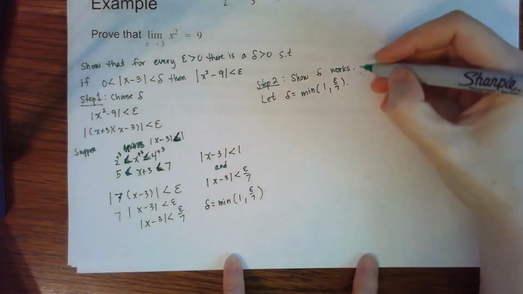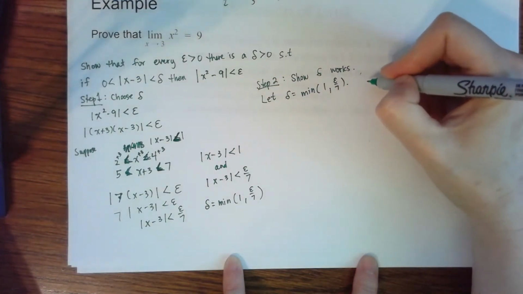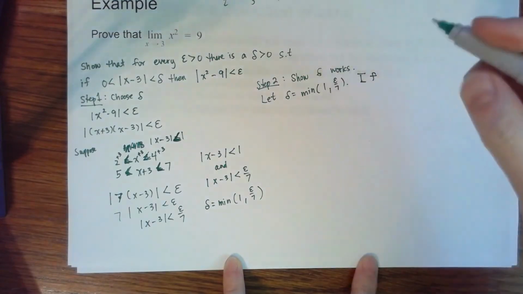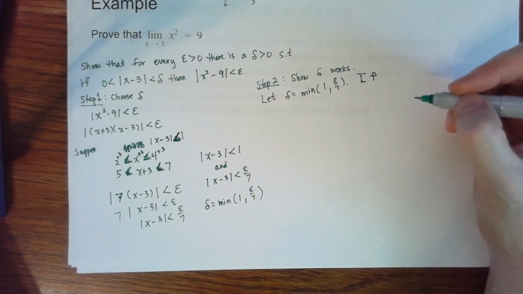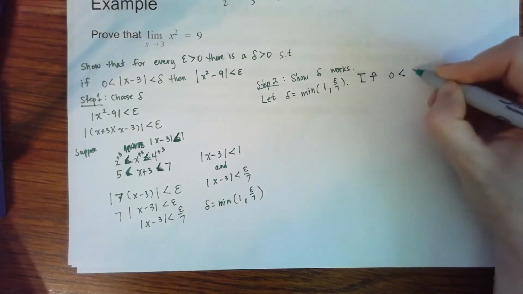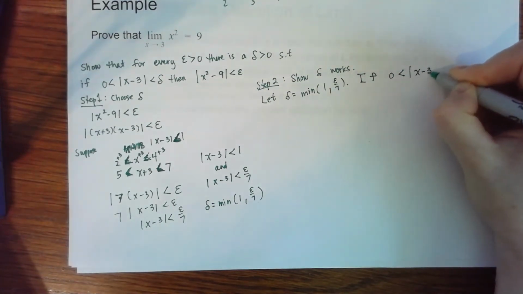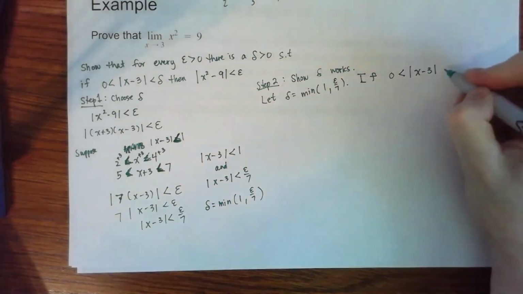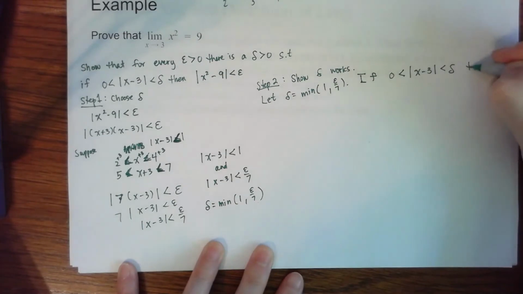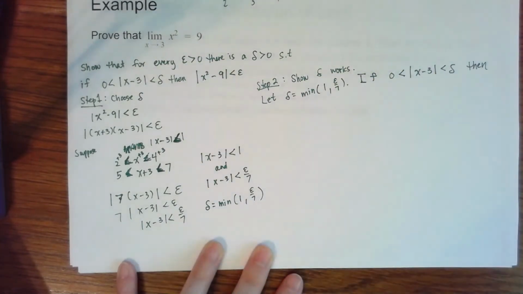That means that if 0 is less than |x minus 3| is less than delta, then what's going to happen?